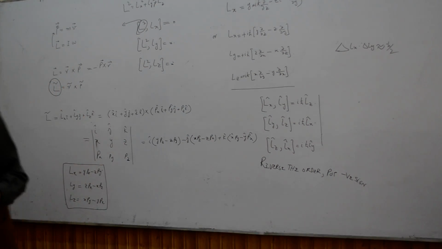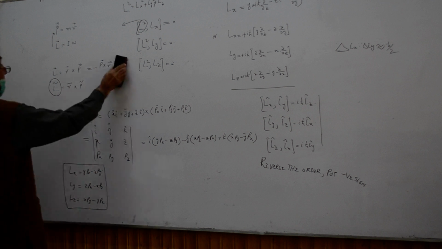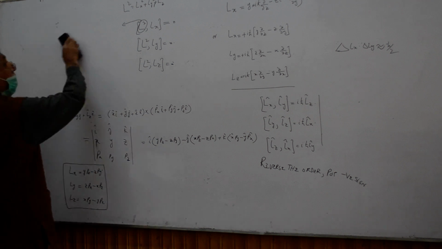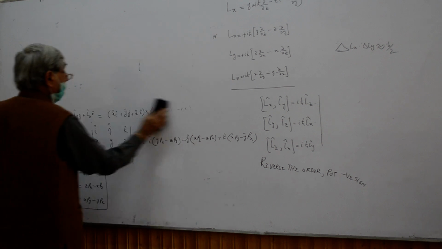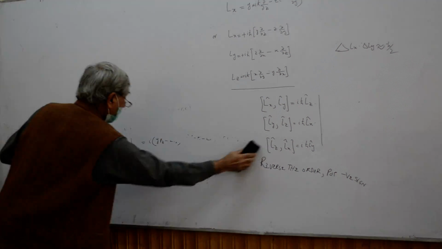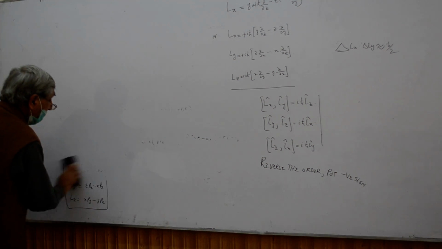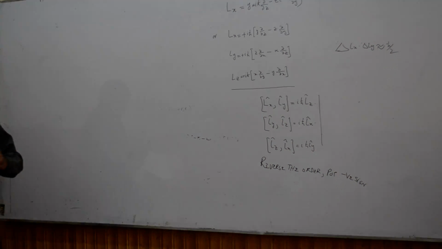Right? You know this from what you have learned in modern physics: the orbital angular momentum quantum number is l equal to 0, 1, 2, 3, 4, etc. And these are the semi-classical values.